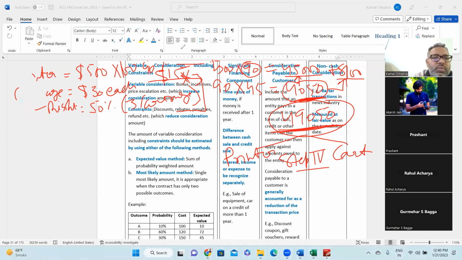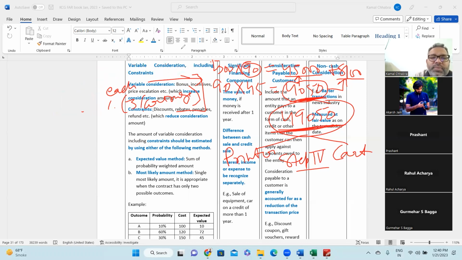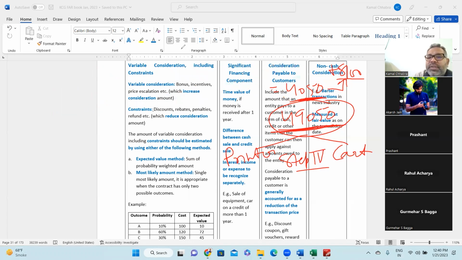Cool. So let me remove this one. So transaction price includes fixed price plus variable consideration, minus constraint on the variable consideration, adjusted for significant financing component, right?